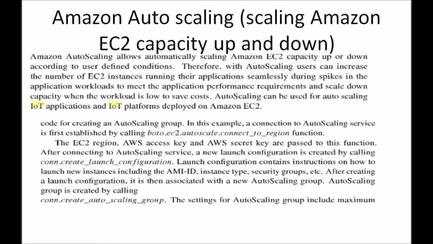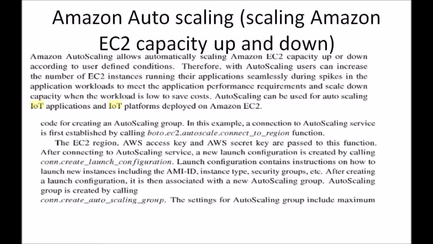After you complete this, you have to create a new launch configuration by calling the create launch configuration function. The launch configuration usually contains instructions on how to launch new instances, including details about ID, instance types, and security groups.